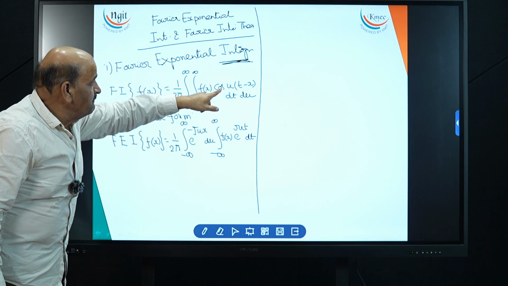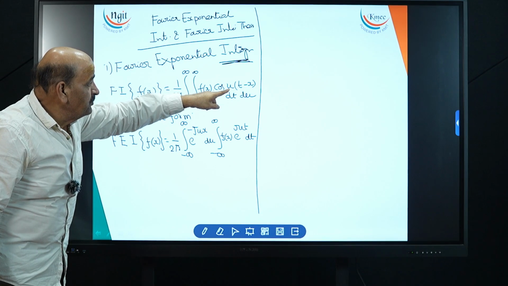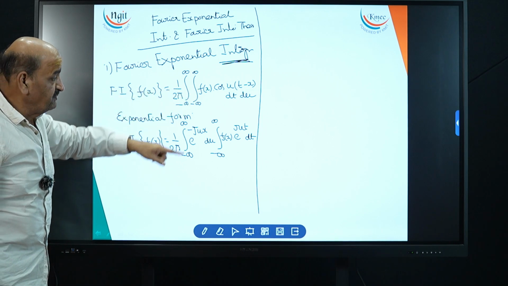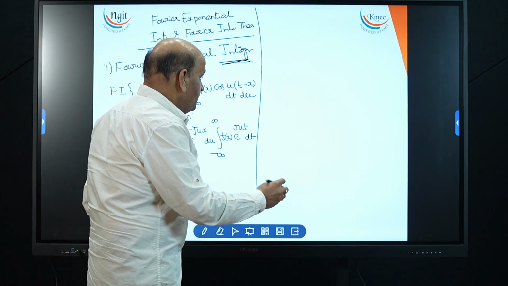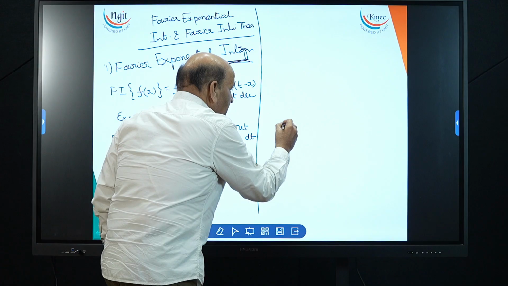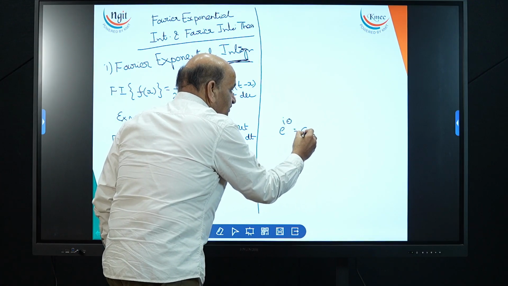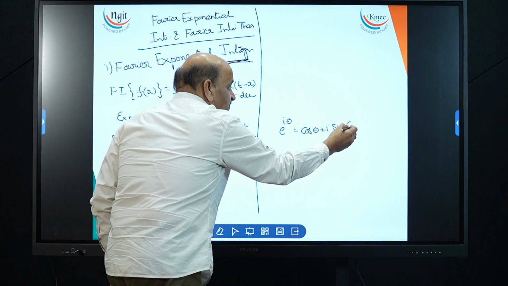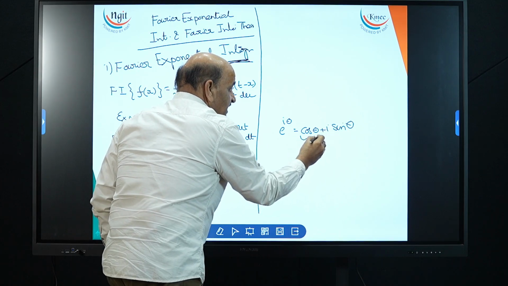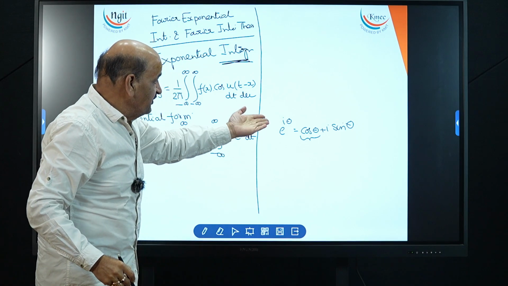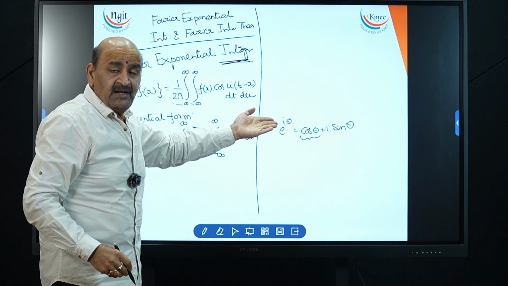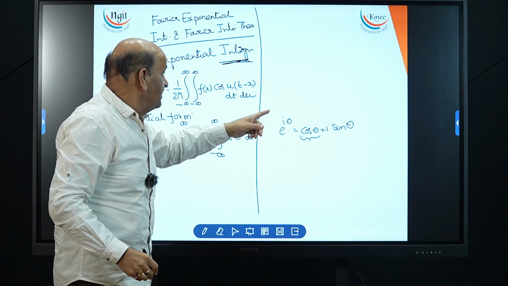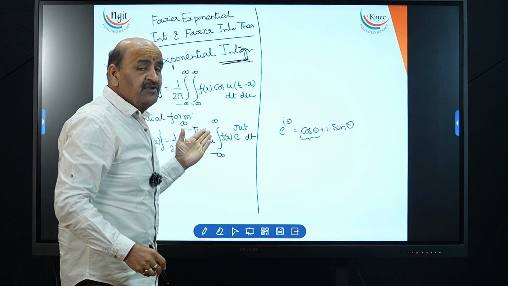Just look at cos u of t minus x. Actually, this is a cosine term. Now, again, e power i theta can be expressed as cos theta plus i sin theta. That means the cos term is indirectly existing in the e power i theta format. In maths we use i; in electronics we use j only.